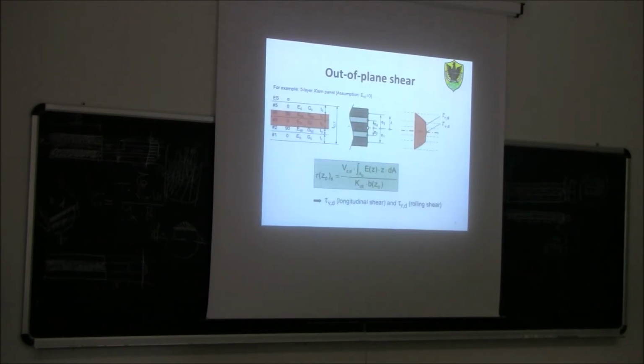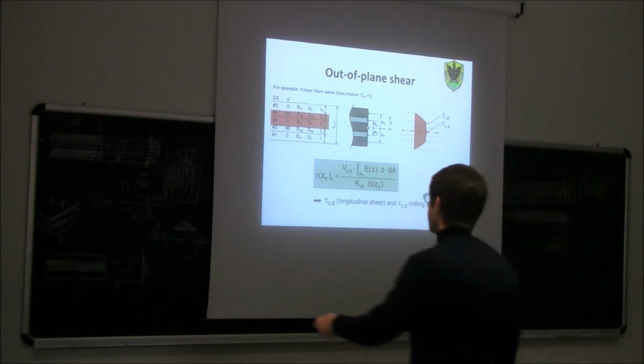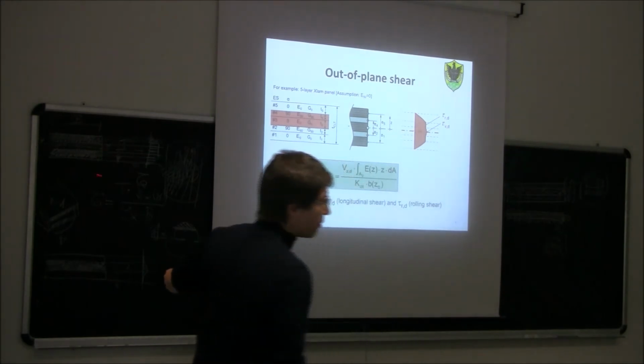So, if you go back to our case, you see here. So, for example, first case. Here we said that in this first case, the maximum shear demand is in the inner layer. In the inner layer, I will have to compare the shear demand with which strength? With the rolling shear or with the longitudinal shear?